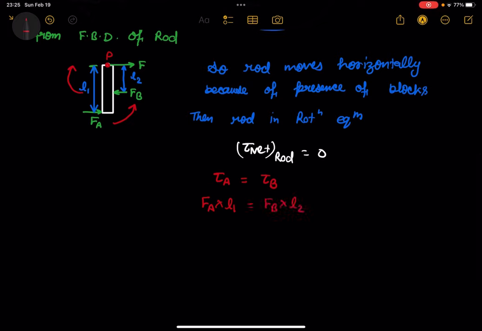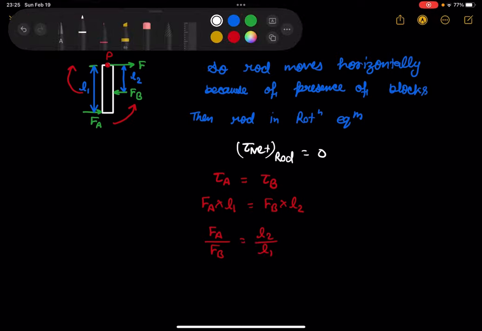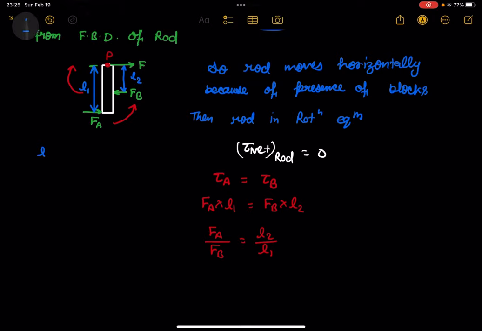My dear friends, FA by FB is equal to L2 by L1. And if you see this figure, L1 is greater than L2, so L2 by L1 is less than 1.